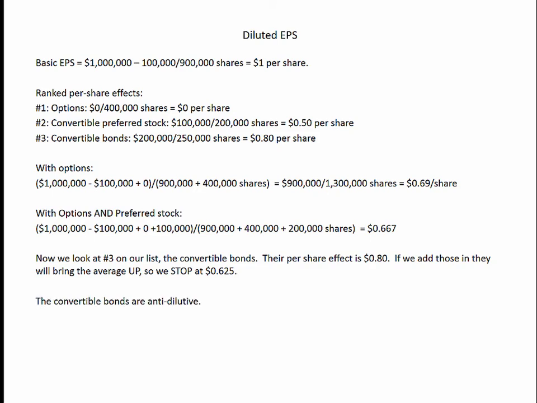The convertible bonds are anti-dilutive. If you wanted to, you could confirm for yourself that adding the bonds in would be anti-dilutive. Let's go ahead and do that, just on my calculator off to the side. Our current numerator is 1 million minus 100,000 plus 100,000, or $1 million. We're considering adding in the numerator of the convertible bonds at $200,000, so the new numerator would be $1.2 million.